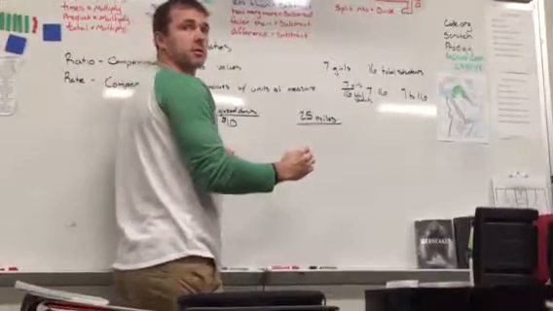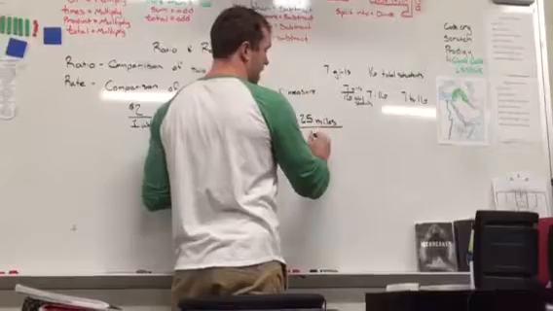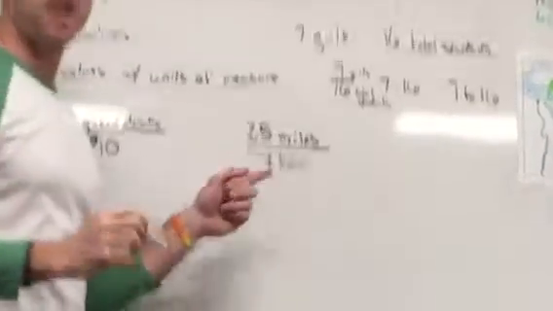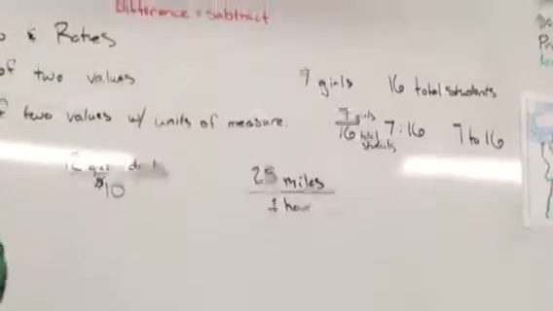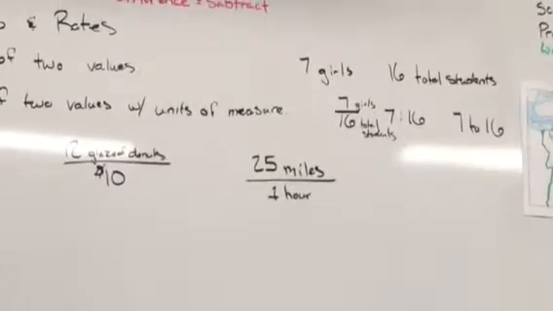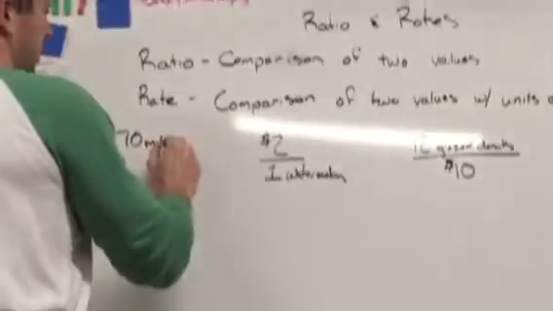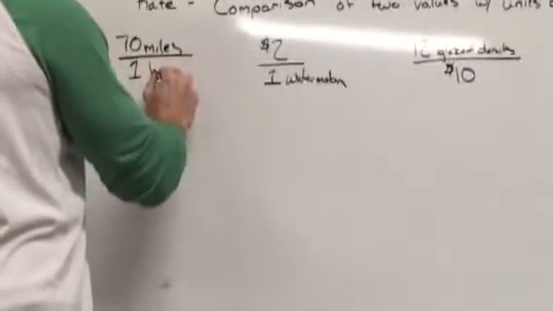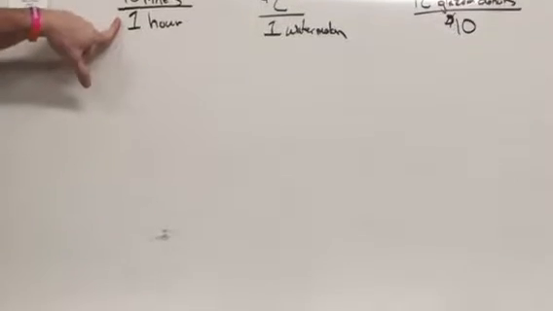How many hours? 25 miles per hour is 1 hour. So if you went that rate of speed, you would go 25 miles in an hour. Whoa, that's not that much. If you get on 163 and you go 70 miles per hour, then you get 70 miles per 1 hour.